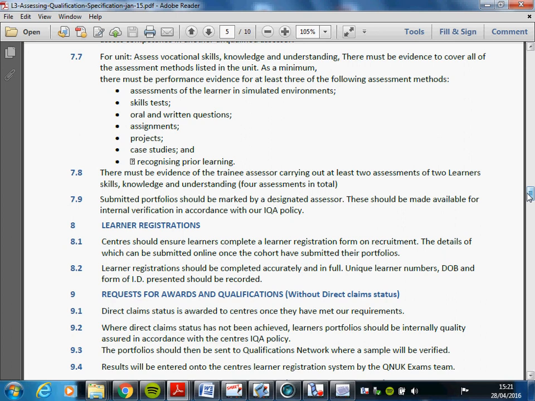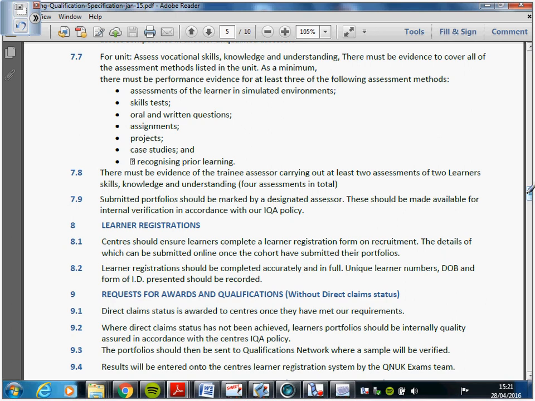As you can see over here, for Unit 3, which is assessing vocational skills, knowledge, understanding, in your assessment, you must cover work such that the performance evidence for at least 3 of the following.